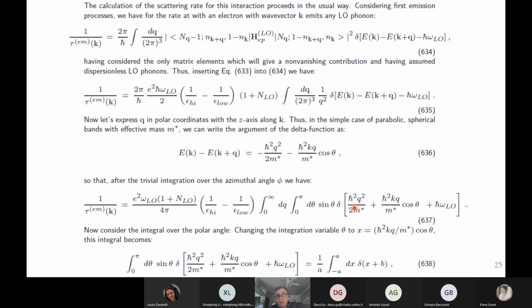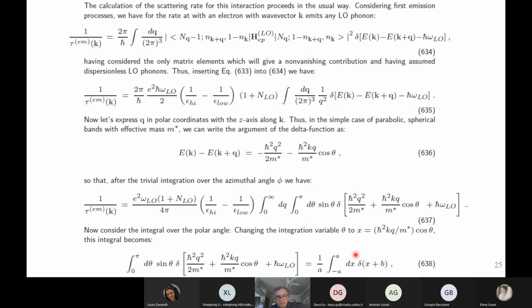Remember the properties of the delta function. The integral will give a non-zero contribution only if the argument of the delta function, in q and theta, has zeros inside here. So we can find the two zeros of the argument of the delta function, which are expressed over here.